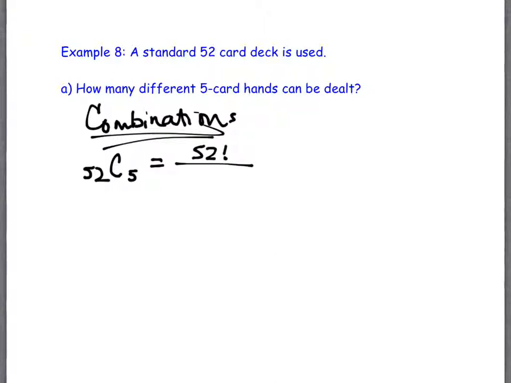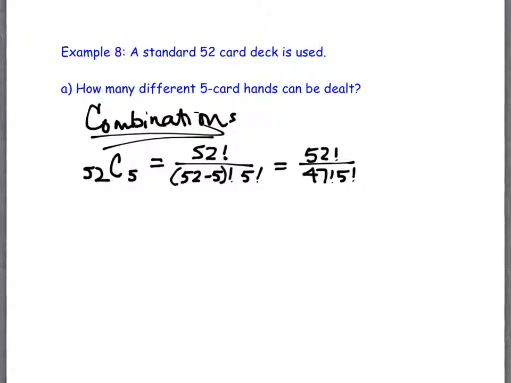In the denominator, I will have 52 minus 5 factorial and 5 factorial. What's 52 minus 5? And you'll notice that in a combination, the two numbers in the denominator add to 52. Do you see that? 47 and 5, they add to 52.